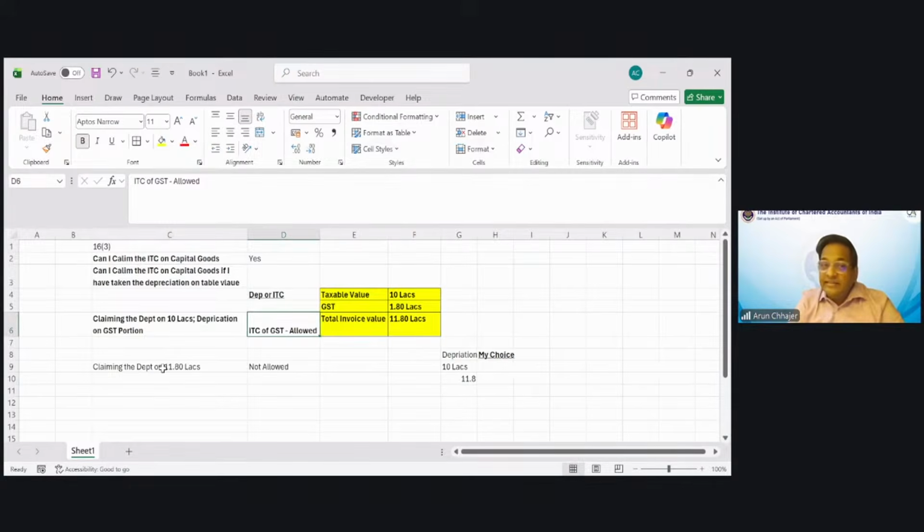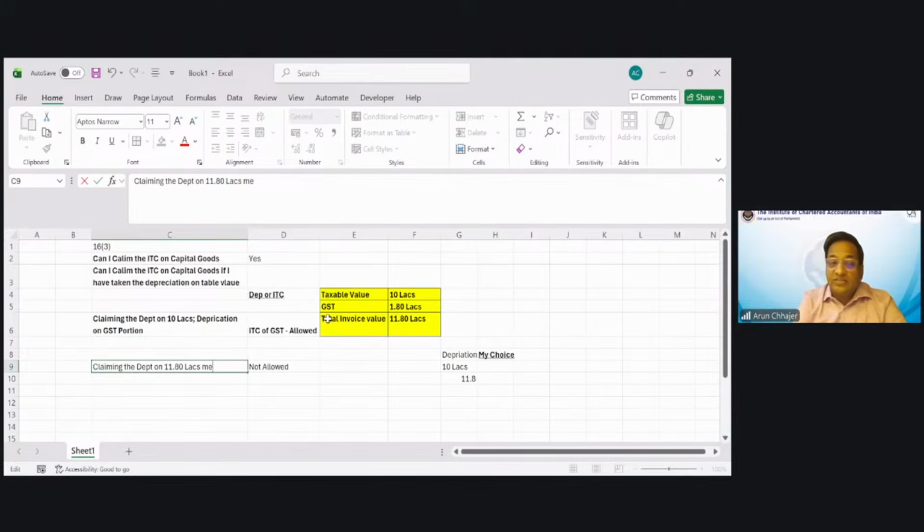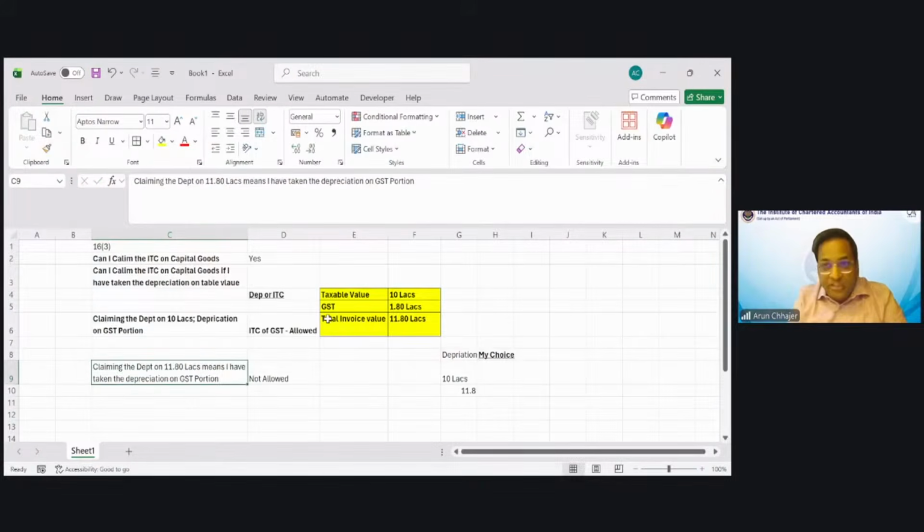And second, if I am claiming the depreciation on 1180, it means I have taken the depreciation on the GST portion also.